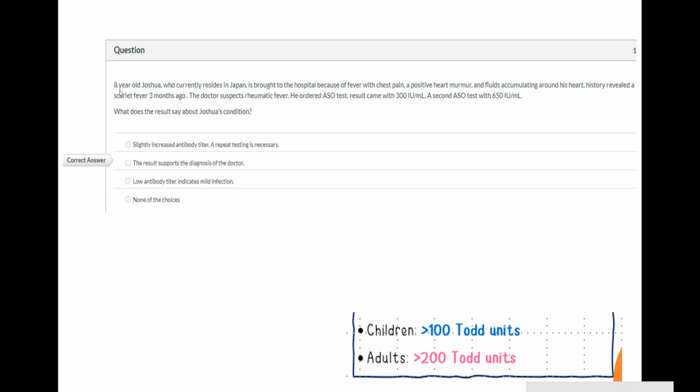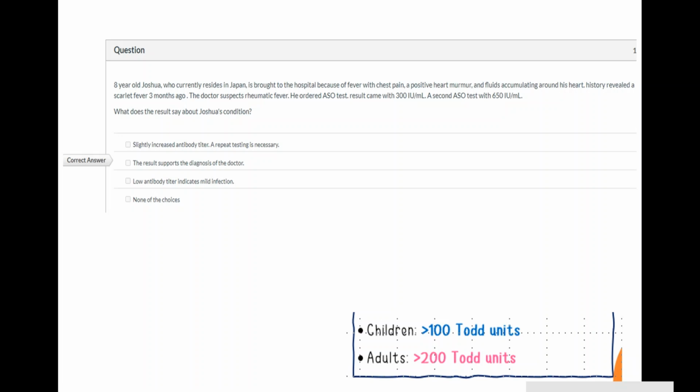Given the history of Joshua and these manifestations, these are consistent with rheumatic fever. But since the doctor is not yet sure if this is a rheumatic fever, he ordered an ASO test. The ASO testing will help to confirm his diagnosis of rheumatic fever.